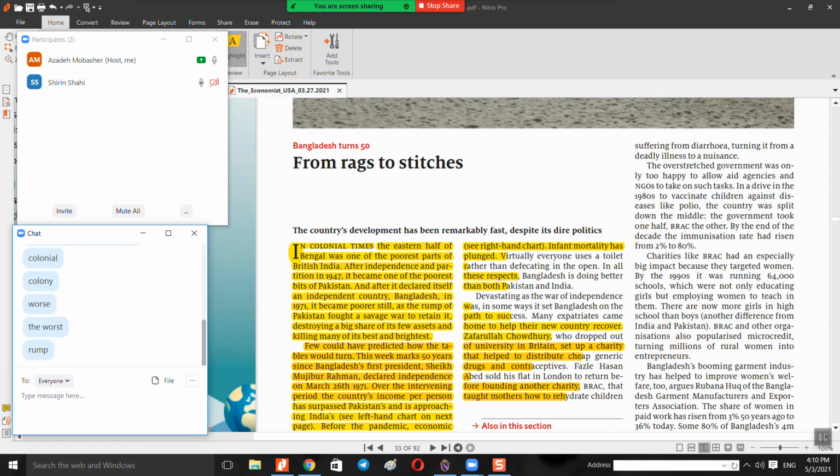They had a fight, and Pakistan wanted to have Bangladesh as its part. Yes, your explanation is correct. But what does rump mean? As the rump of Pakistan. Why doesn't it say as Pakistan? Why does it say as the rump of Pakistan?